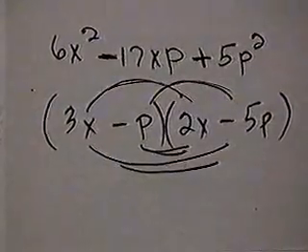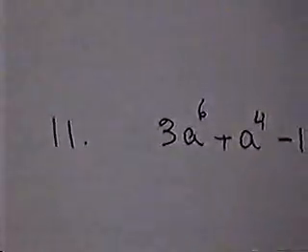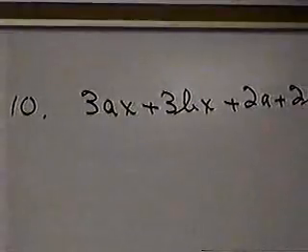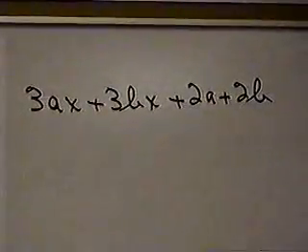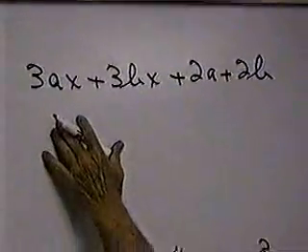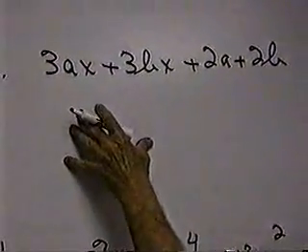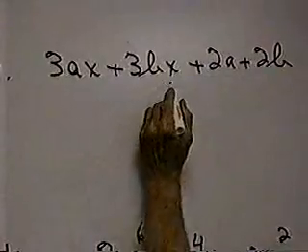Okay, let's look at number 10. Now, 10 and 11 is going back to this thing I referred to in example 3. If you have 4 terms at this level of algebra, what you do is look for grouping.